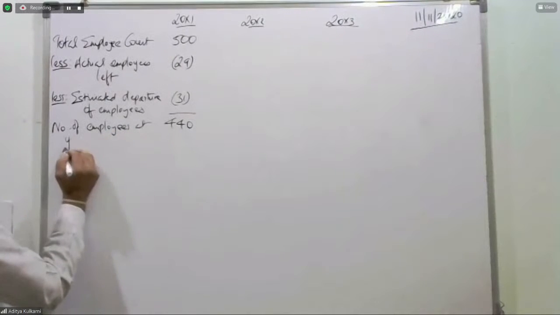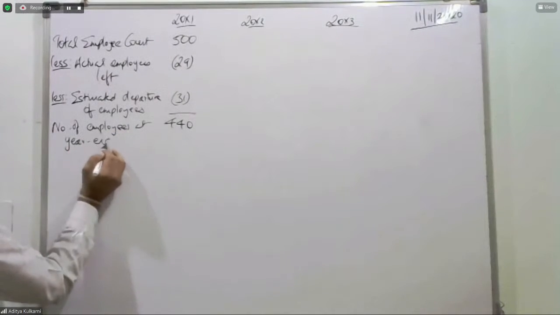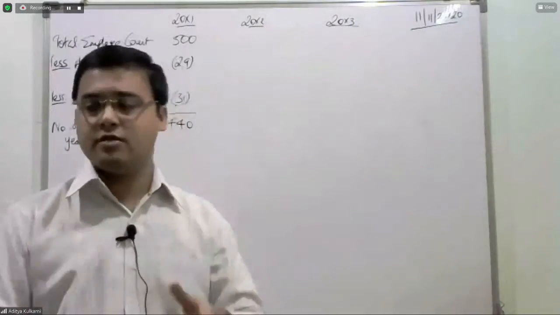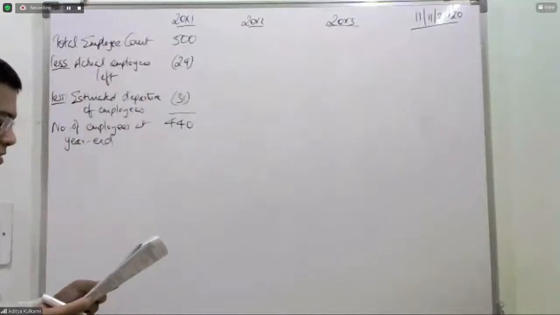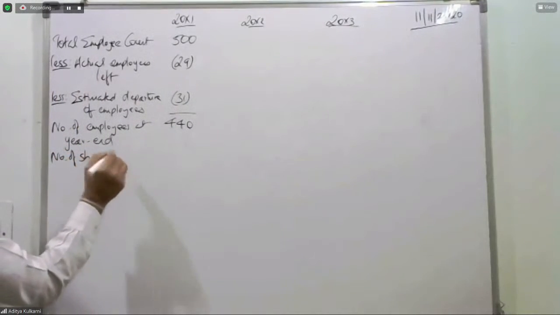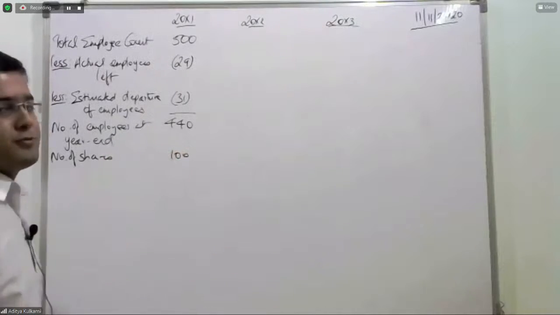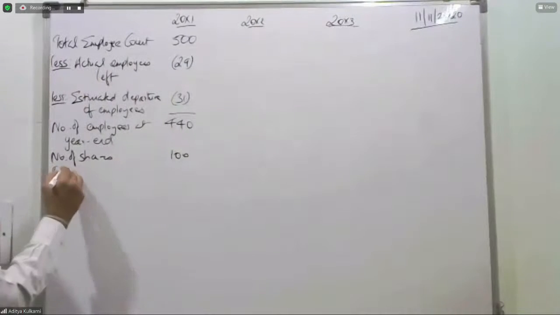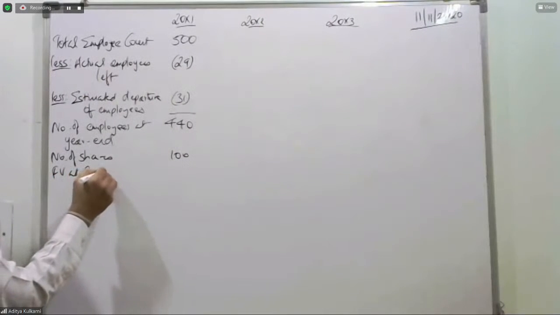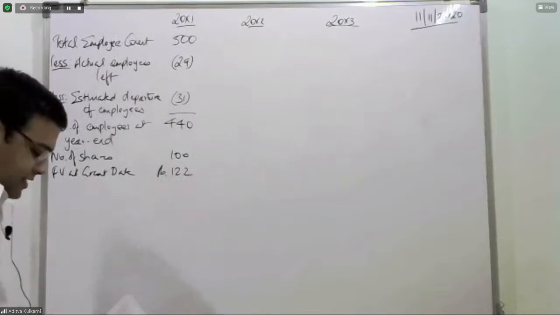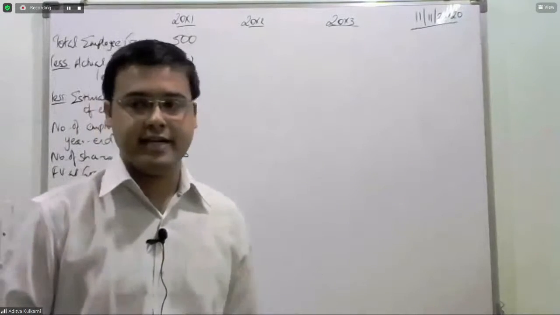at year end. Which year end? This is the second year end. Don't be confused. Now, number of shares per employee, how much? 100 options, that is 100 shares. And what is the fair value at the grant date? Fair value at grant date is rupees 122.